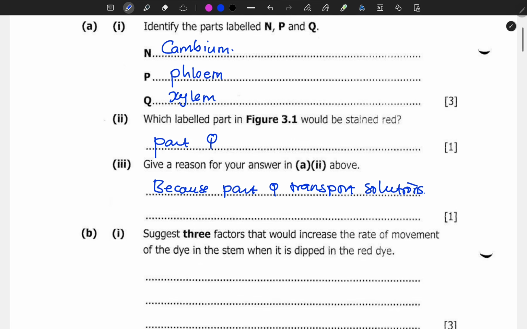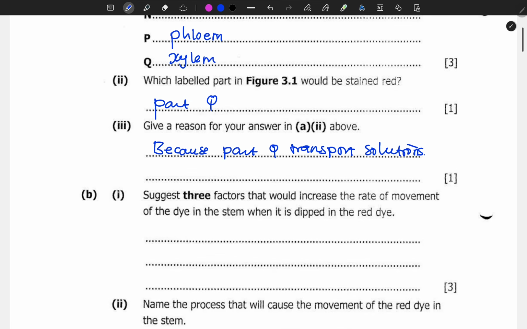Then B1, suggest 3 factors that would increase the rate of movement of the red dye in the stem when it is dipped in the red dye. The first factor here is transpiration. The transpiration process helps to move the dye by creating what we call the transpiration pull.